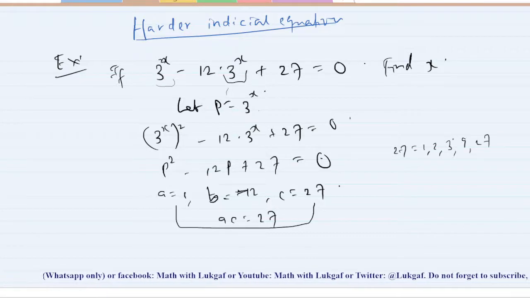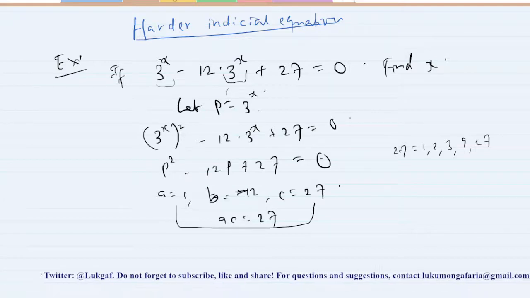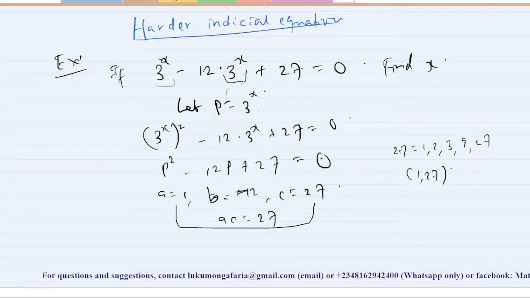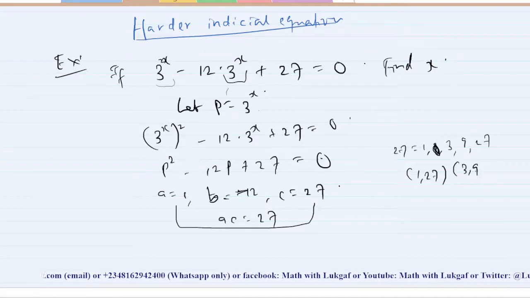And don't forget for each whole number, there are pairs of factors such that when they multiply themselves, you are going to have 27. For example, I can have 1 times 27 will give me 27. Then 2 is not there, sorry. Then you have 3 times 9, which is 27.